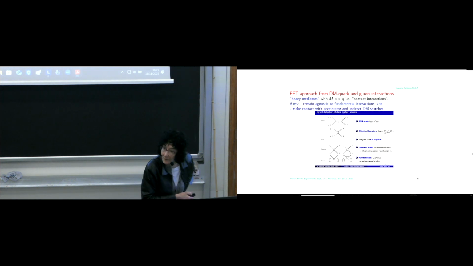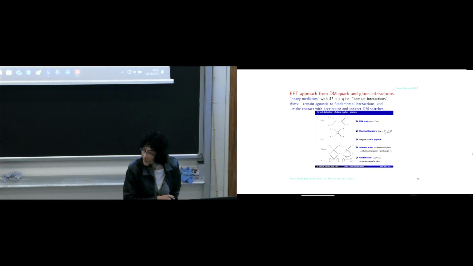I have 5 minutes. Sorry, the relativistic operators are generated at a very high scale, no? No, just a moment. You can do relativistic operators with nucleons. This is what I have been talking about. With nucleons, right?